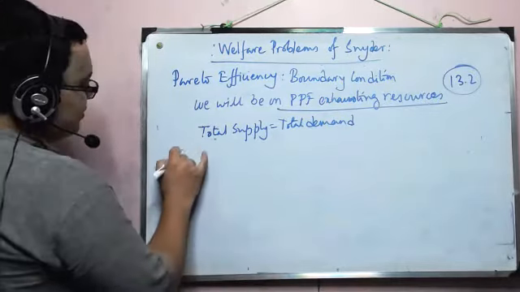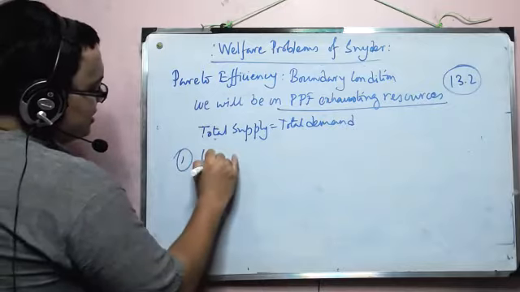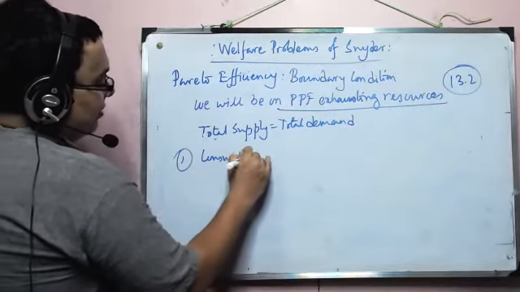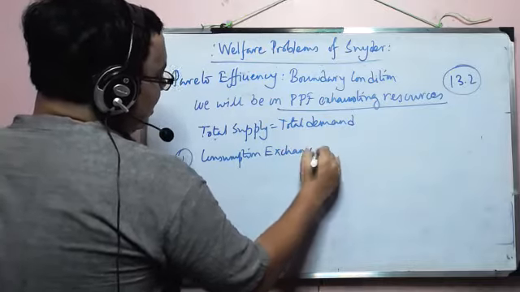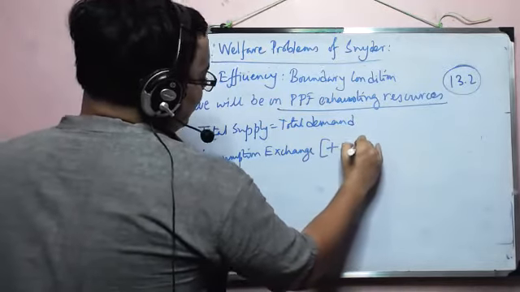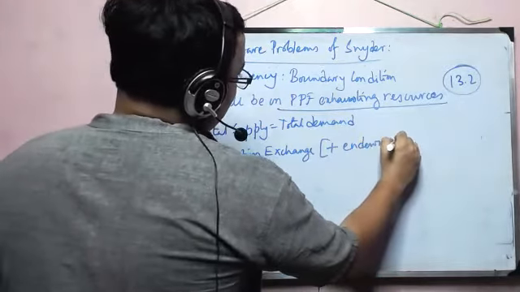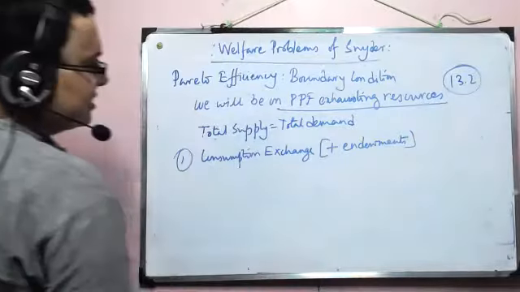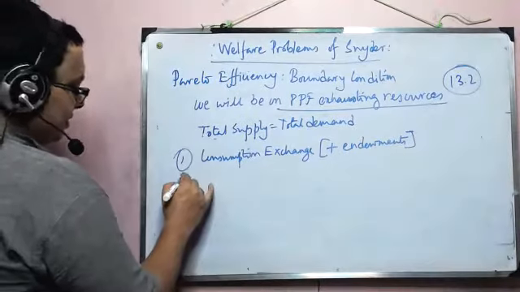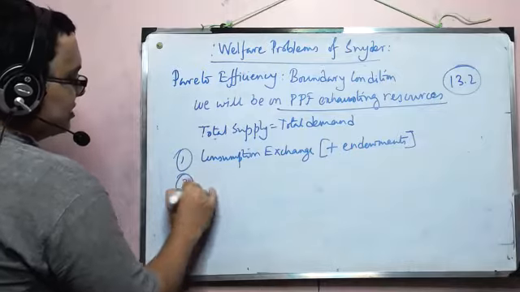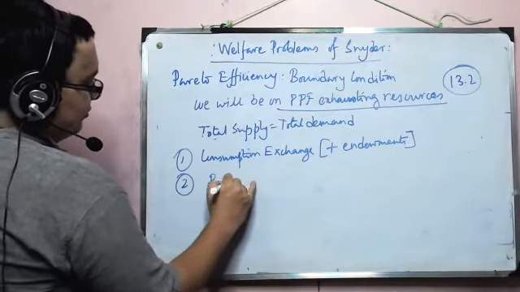One component deals with consumption exchange. It will be a complete problem of consumption exchange, and it comes with endowments. If you look at the solved problem I have given, you will see that. Number two is production.